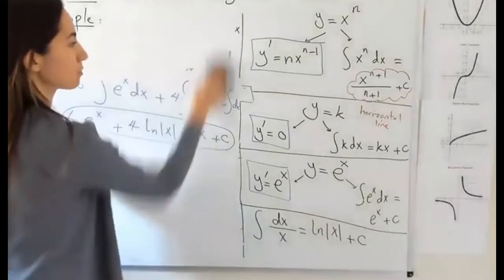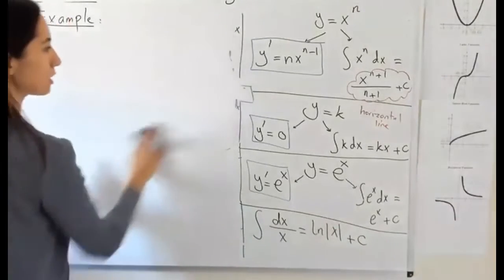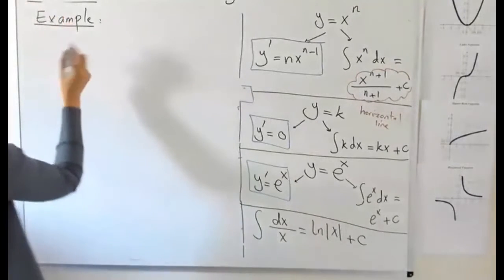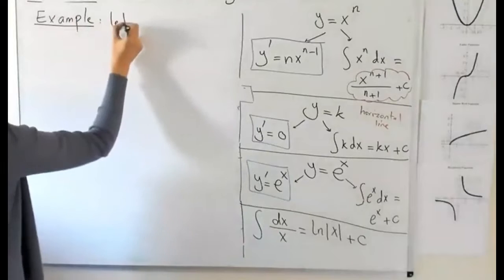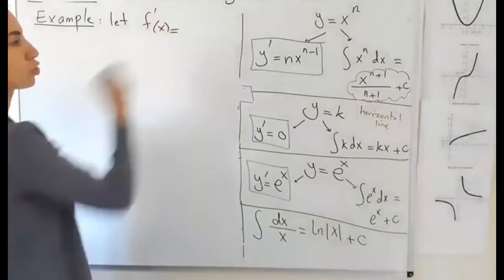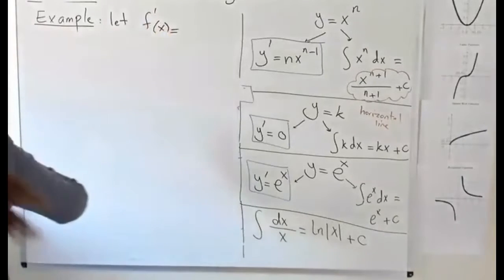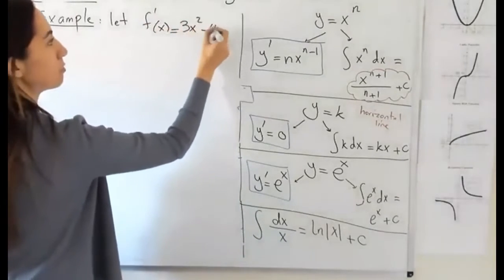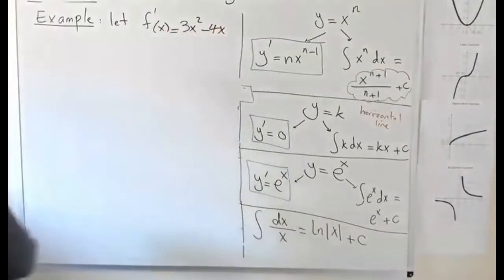Example for you. This example says, let f prime of x be given as, so the derivative of the function is given as 3x squared minus 4x plus 2.